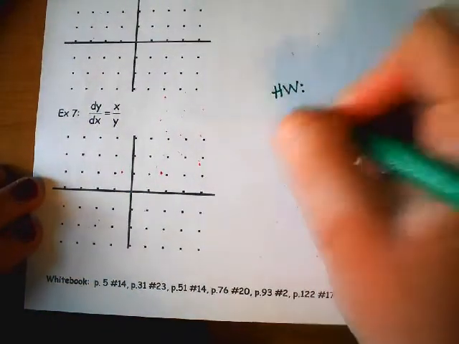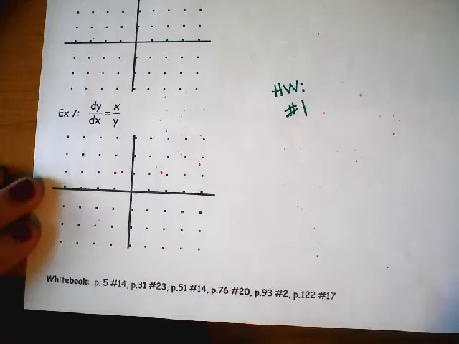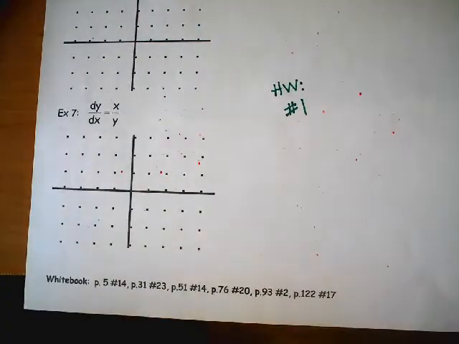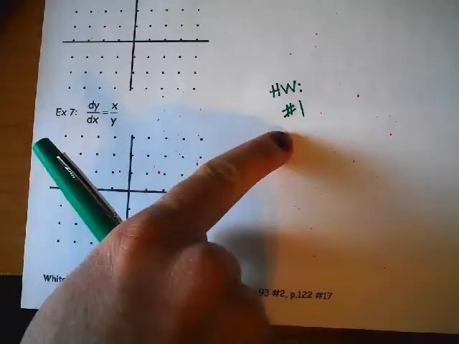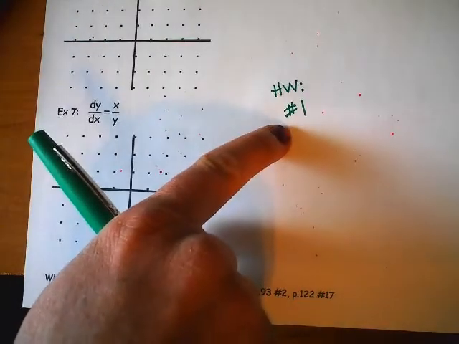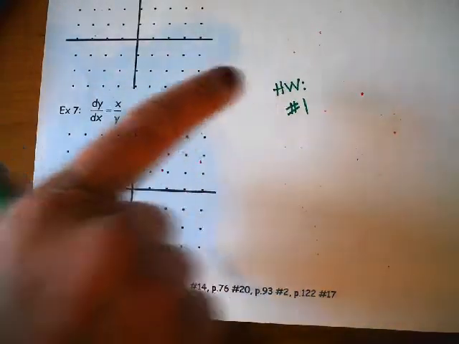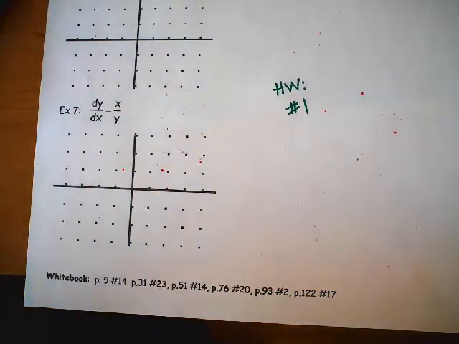The homework that goes with this is homework number 1. And if you've been keeping up with the live stream videos from AP, from College Board, you might notice that our homework number 1 is one of the videos that they went through on one of the first 3 days that they introduced this topic.